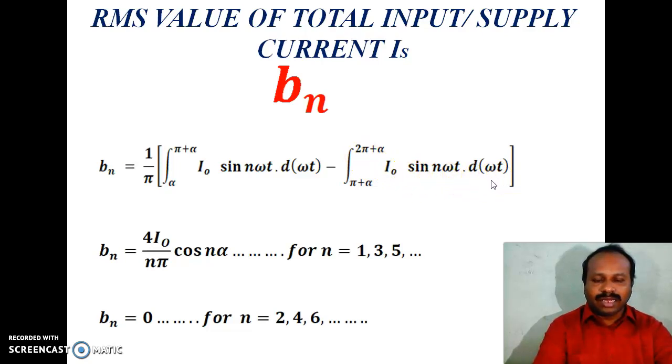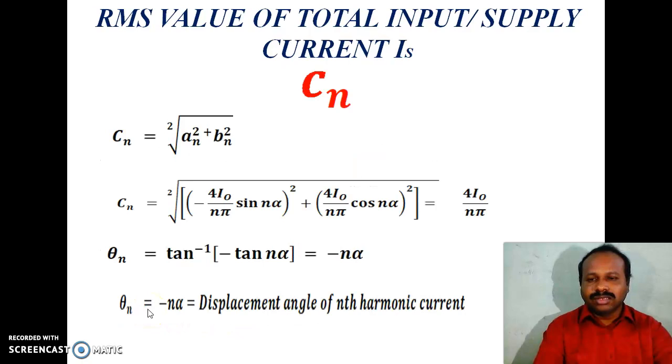After integrating and substituting the limits, we get bn equal to 4 I0 by n pi cos n alpha for n equal to 1, 3, 5. That is, for odd values of n, we get positive 4 I0 by n pi cos n alpha. But for even values of n, that is n equal to 2, 4, 6, we get bn equal to 0.